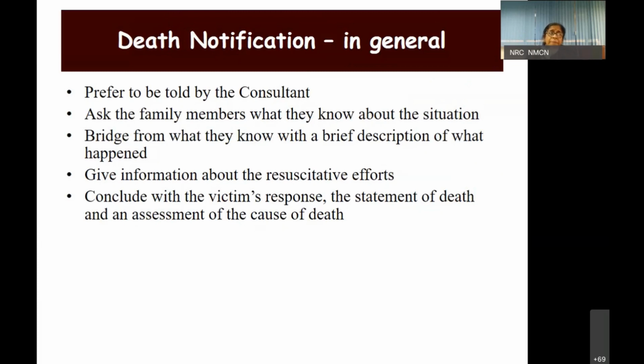If the death has happened in the ward, maybe after some chronic illness, where some degree of expectation had set in, then do ask what they know about it and try to bridge the gap. Tell them about what went wrong, what resuscitative measures you took, and that ultimately you did not succeed.